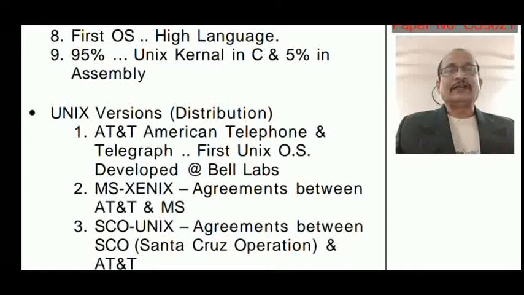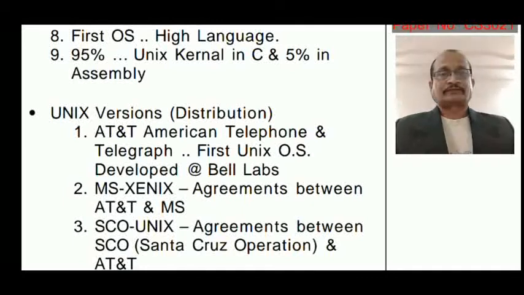Then the second version of the Unix operating system came from the agreement between AT&T and Microsoft. Then the new Unix was introduced in the market, that is Microsoft Unix. The next version is SCO Unix, from the agreement between SCO, Santa Cruz Operation, and AT&T.